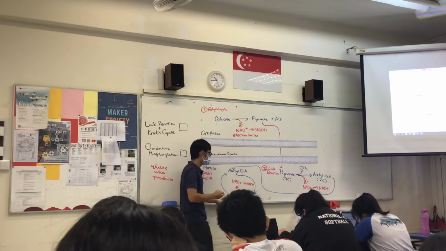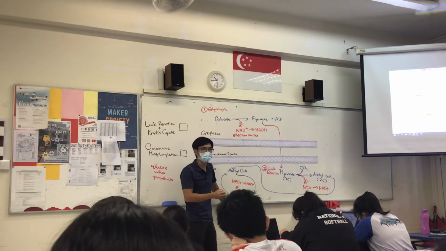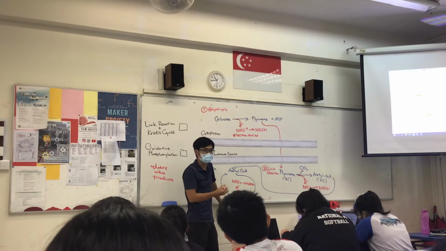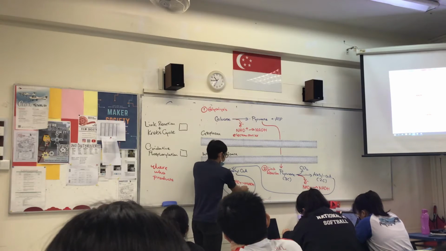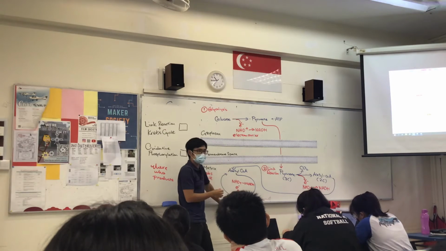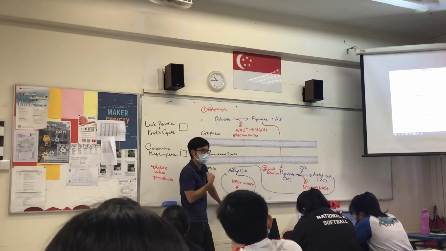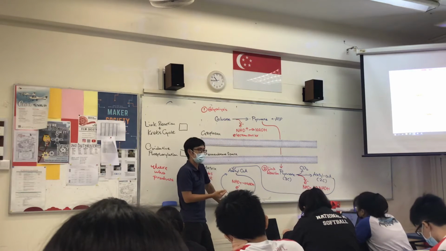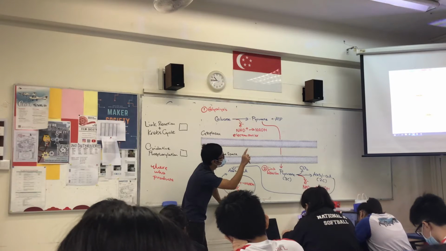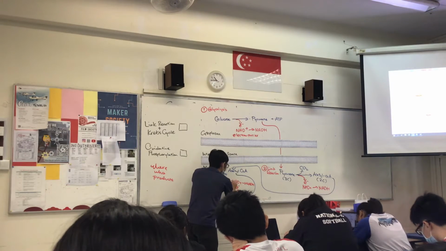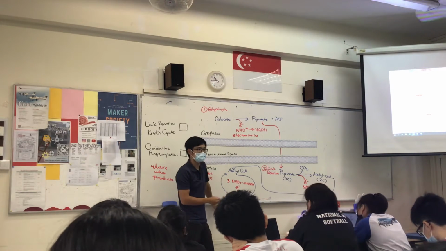The more NADH we see, for every NADH we see, understand that there are electrons being carried. In this particular reaction, we see that 1, 2, 3 times. 3 times this happens.